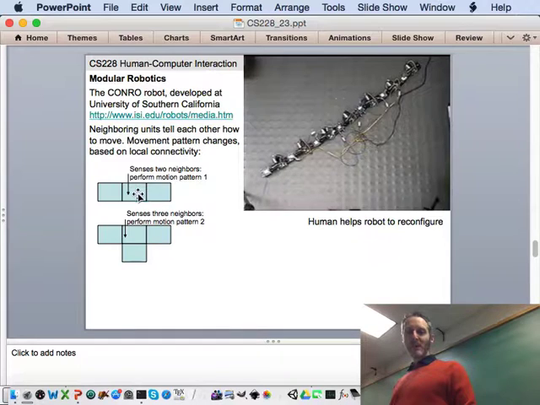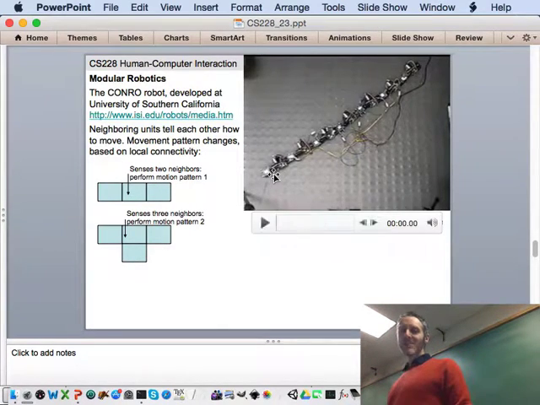So if a particular unit has 2 neighbors attached to it, this unit is going to send commands to its motors to move in a particular way. If the same unit detects 3 neighbors, it's going to move in a different way. And so all units are running exactly the same code.